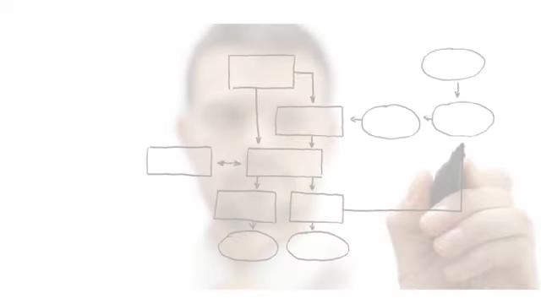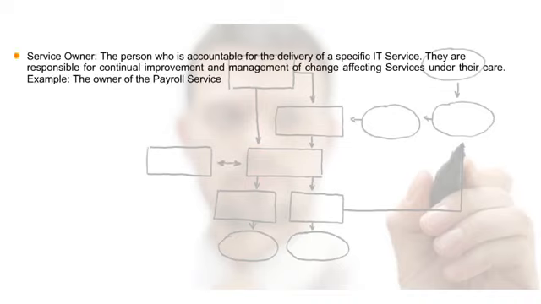Service owner, process owner. In our last slide, we understood process, functions across the lifecycle. This slide explains the concept of service owner, process owner. Service owner is the person who is accountable for the delivery of a specific IT service. They are responsible for continual improvement and management of change affecting services under their care.